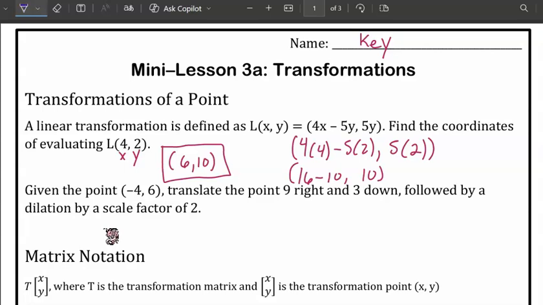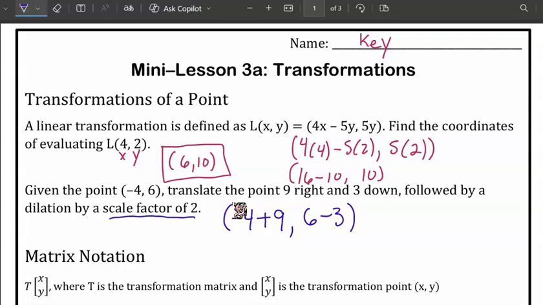Given point -4, comma 6, translate the point 9 right and 3 down, followed by a dilation by a scale factor of 2. Since we're translating the point directly, we don't have to change any sign, so 9 right will be plus 9. And it's going to be 6 minus 3. It says followed by a dilation by a scale factor of 2.